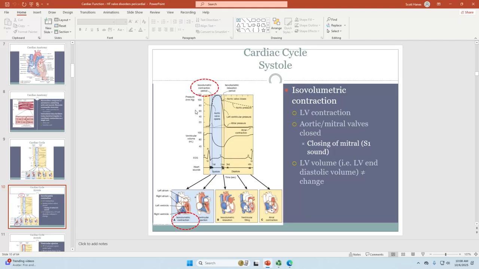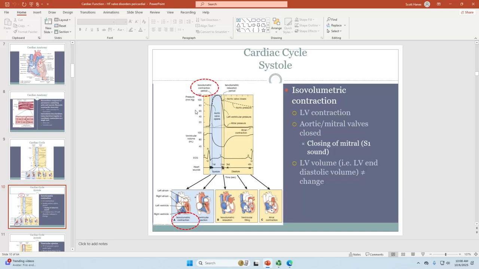This is left ventricular contraction, because when we talk about systole, we're talking about the left ventricle. Both ventricles are contracting at the same time, but we focus on the left because it's clinically and physiologically the most important.